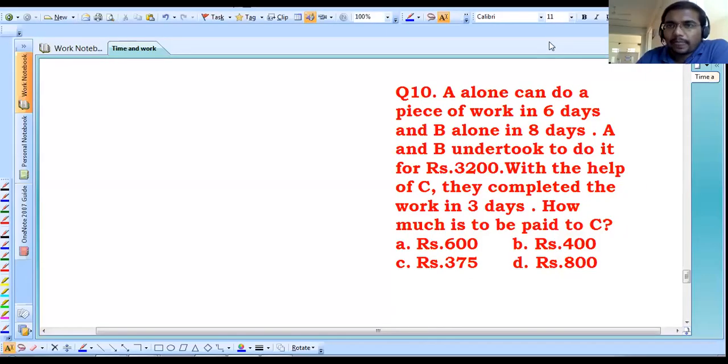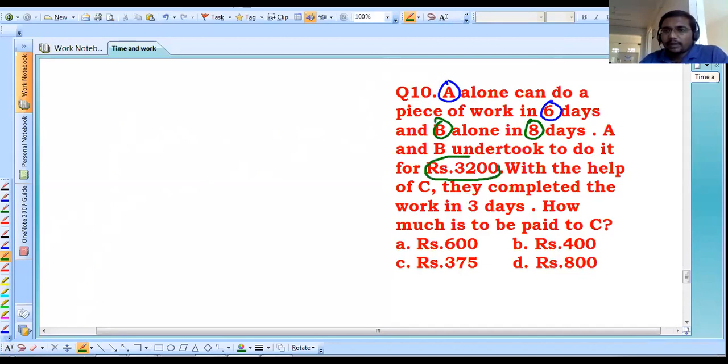This is about wages. Wages, or some money they are earning by doing some work. Here A alone can complete the work in 6 days. B alone can do it in 8 days. But A and B undertook to do it for 3,200 rupees.